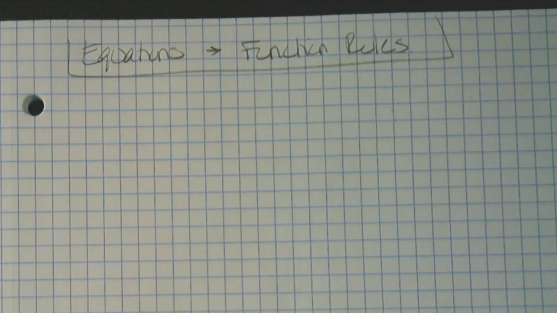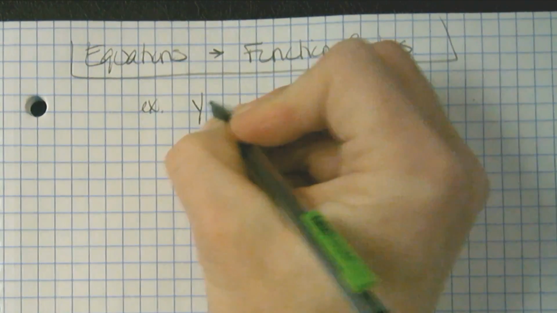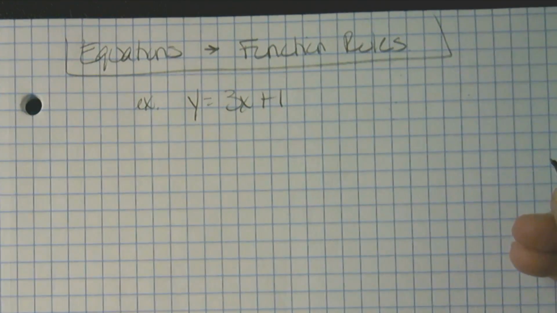So rather than explaining, I multiply every x by 5 and then add 3, rather than explaining that, we write it as an equation. All right, so equation, function rule, those two are synonymous with each other. An example of an equation or function rule is y is equal to 3x plus 1. That would be a function rule or an equation.